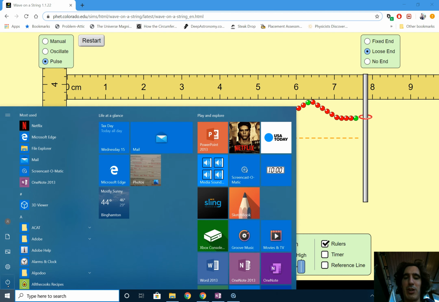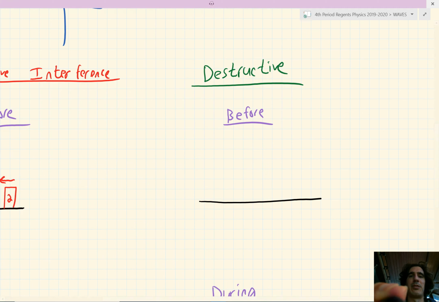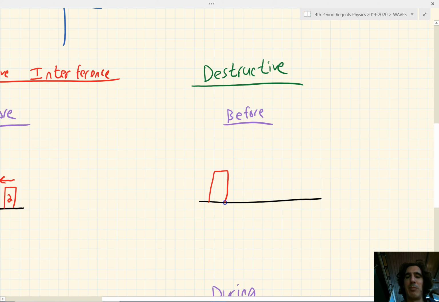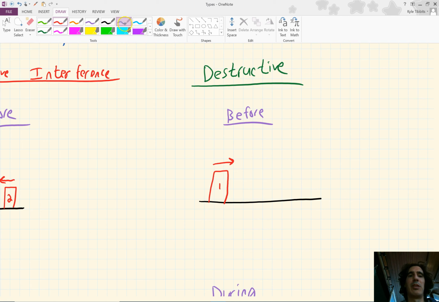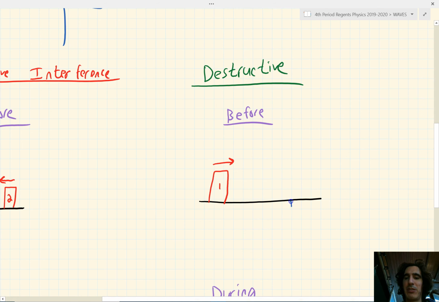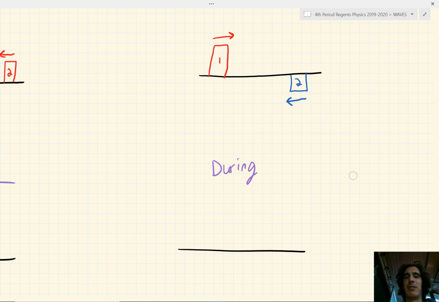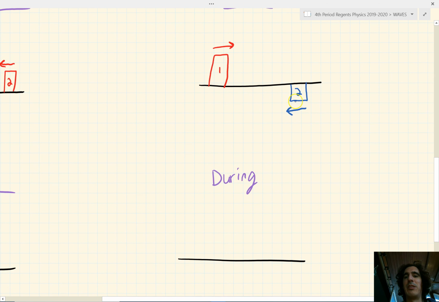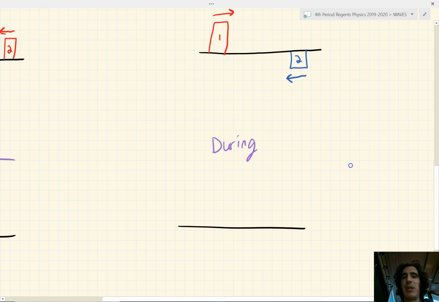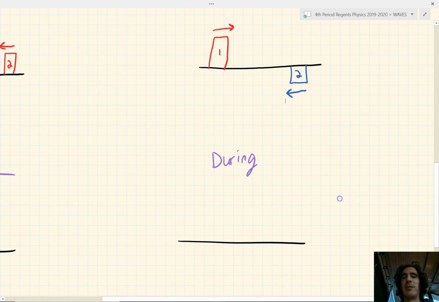Alright, so let's draw a picture of destructive interference. Before, we'll say, a wave with a positive amplitude is moving to the right, and a wave with a negative amplitude, which I'm going to make slightly smaller than the first one, is moving to the left. When they interfere, because wave 1 and 2 aren't the same amplitudes, the wave won't completely disappear, but it will get smaller.